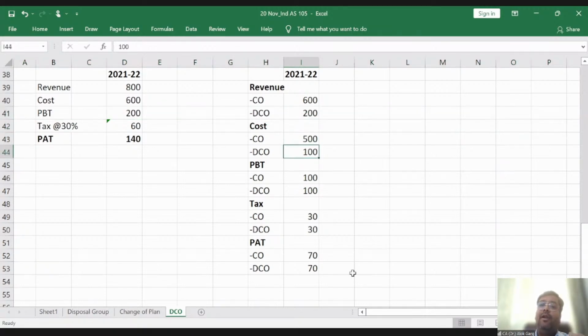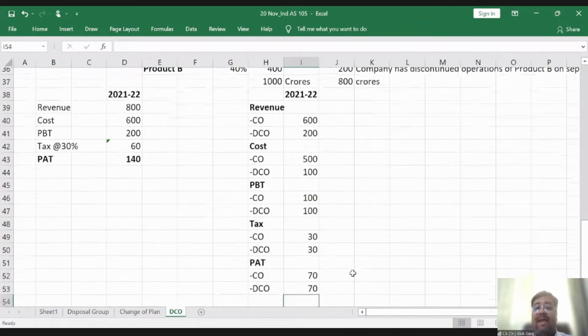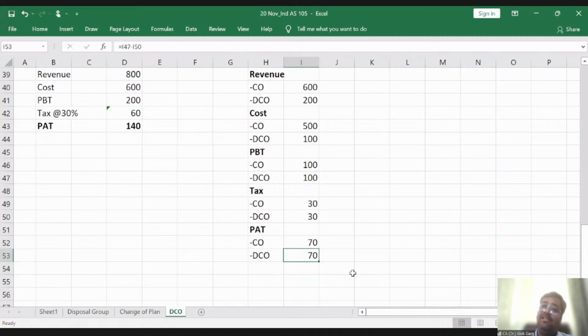And in place of that, the cost of 100 crores will not arise as well. The company's PBT of 200 crore is not a sustainable PBT. The sustainable PBT is 100 crores only. Sustainable PAT is not 140 crores. The sustainable PAT is only 70 crores. And this is your continuing operation. This is from your discontinuing operation.